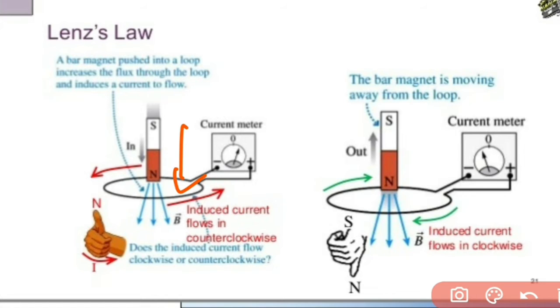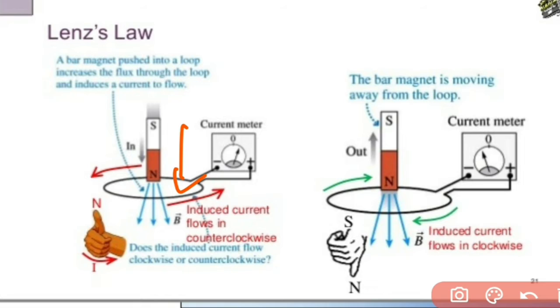So the polarity of the magnetic field produced in the loop due to the induced current should oppose that change, that it is approaching.